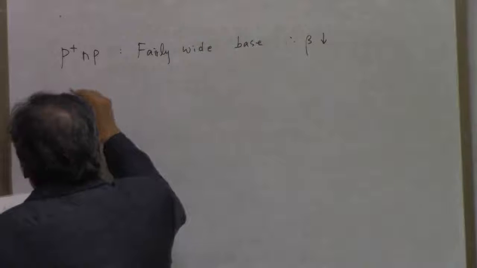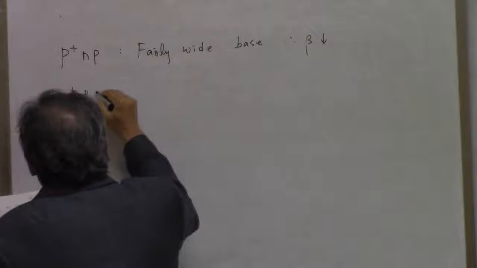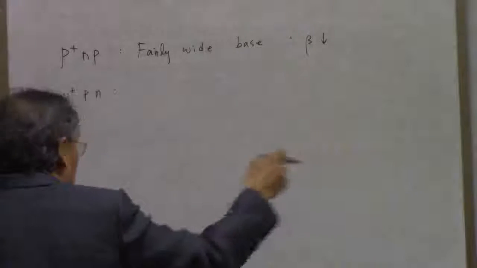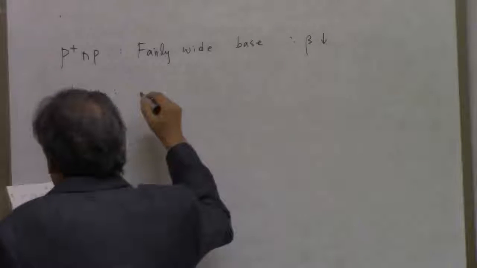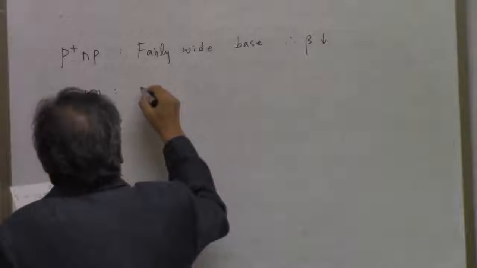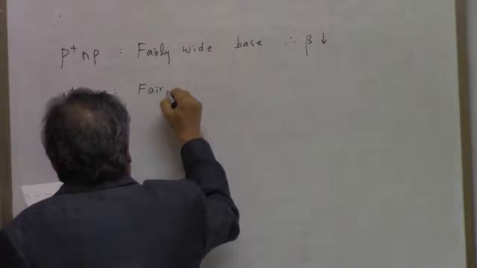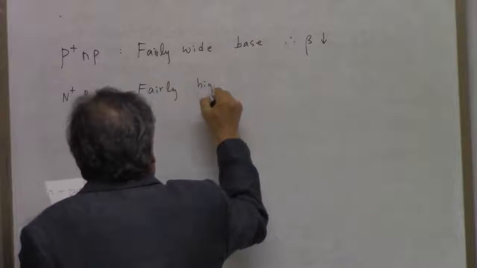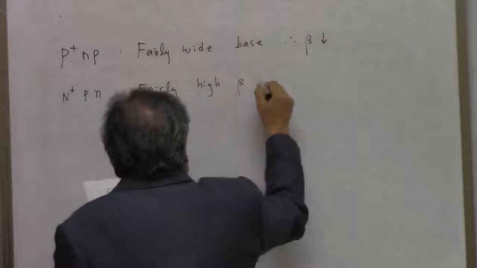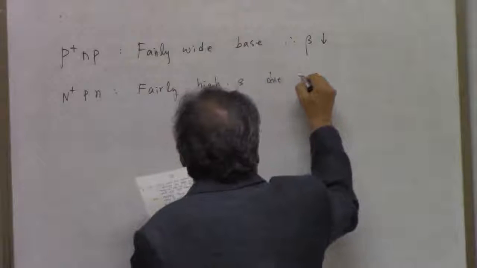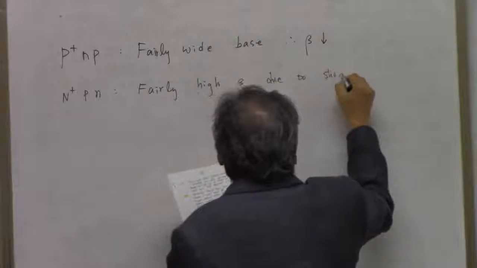And N plus P N, the vertical bipolar transistor, has a fairly high beta due to the short base.